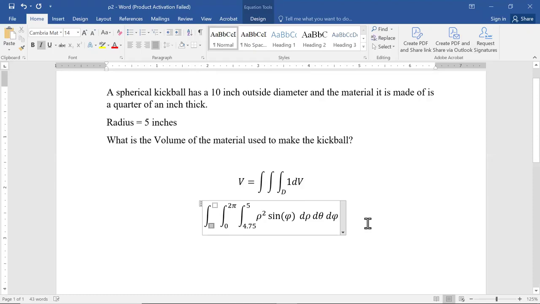Phi does not go from 0 to 2 pi, because since we went all the way around in the xy plane, phi only needs to go from 0 up to pi. Hopefully that makes sense why that is.